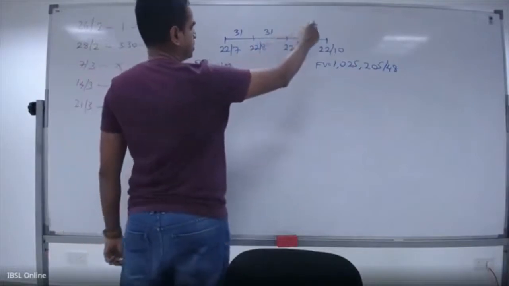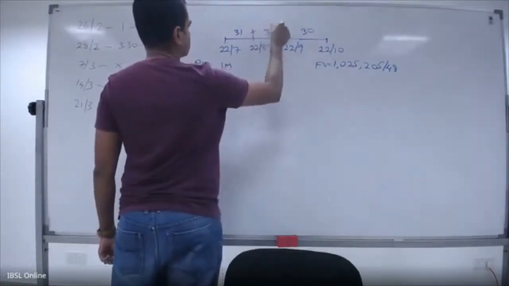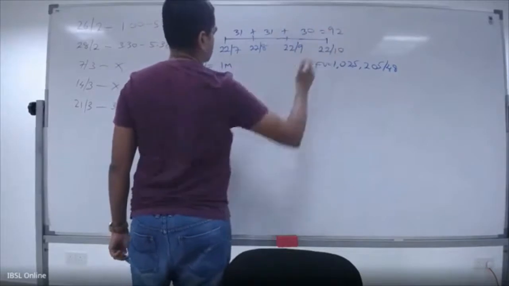September to October is 30. Total comes to 92 days.